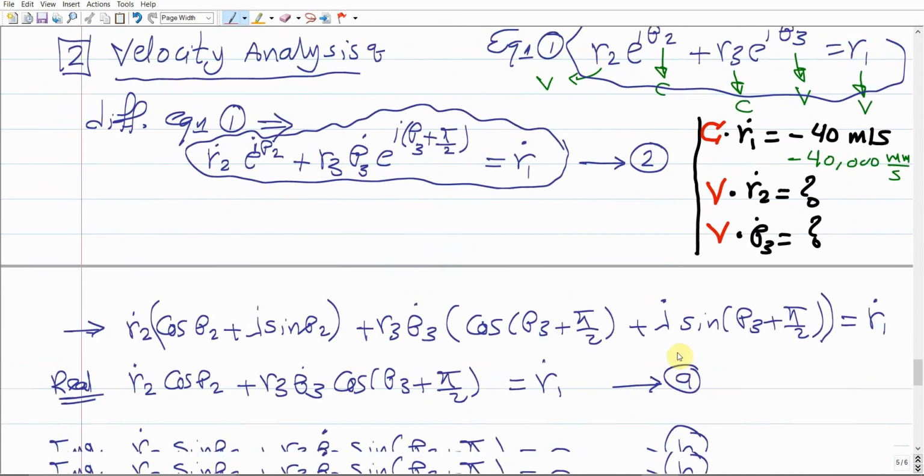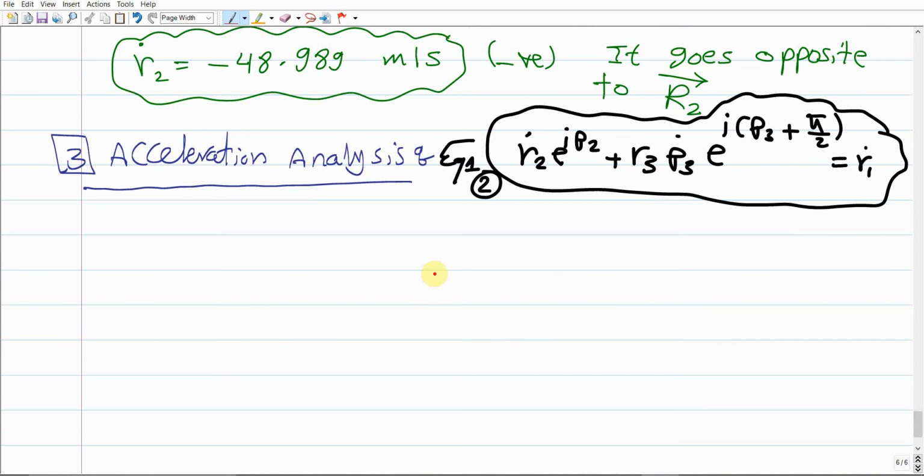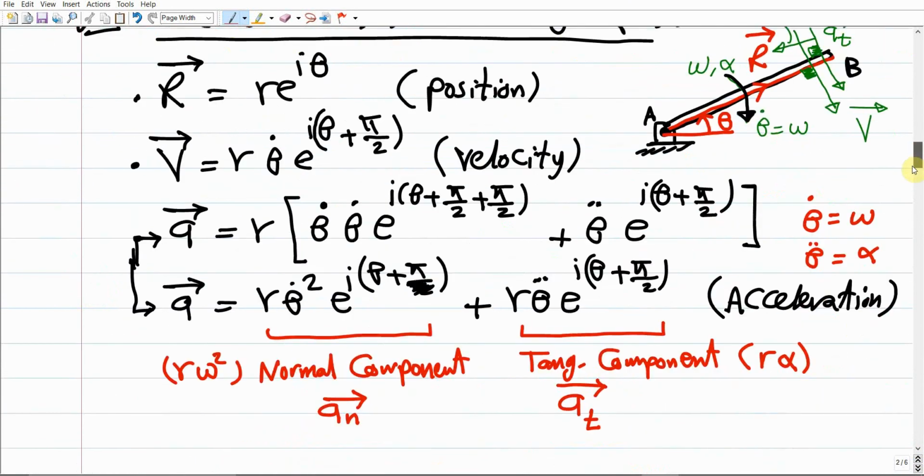This is what we're going to consider when we do the acceleration analysis. So for example here, R2 should be variable. Theta 2 from the beginning was constant. From the position analysis, theta 2 was constant, but theta 3 was variable, right?